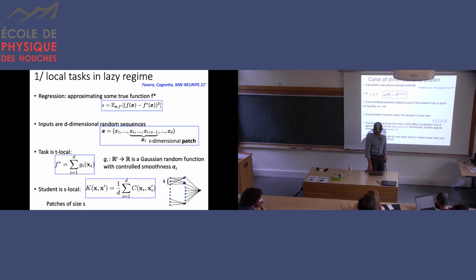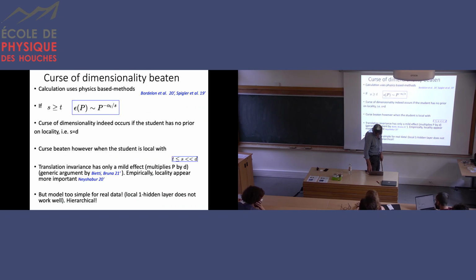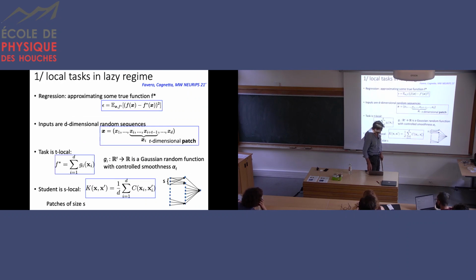Yes? So in the CNN, usually I use the same filter for all those units, but here, in the definition of f star, there's a different filter applied in each location, g_i, right? There's an index i. So, okay, this is the target function you're trying to learn.